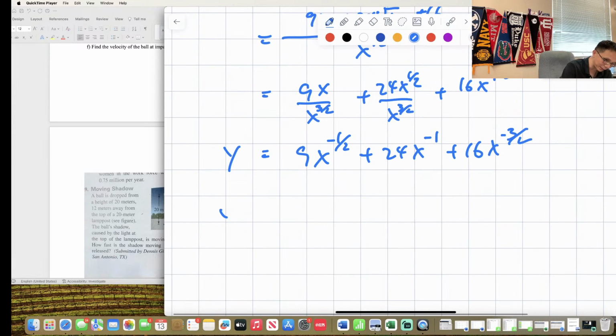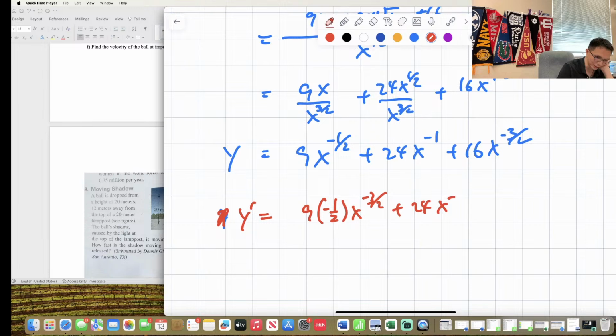Now I'm going to take a derivative. Realize I take a derivative, I'm going to use a different color here. So 9 times negative 1/2 x to the negative 3 over 2 plus 24x to the negative 2. This is negative. Plus 16 times negative 3 over 2, x to the negative 5 over 2.